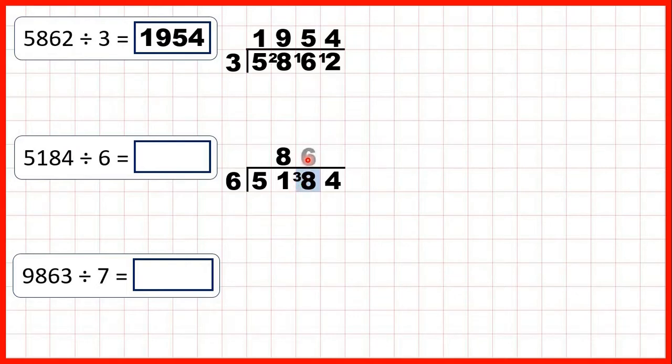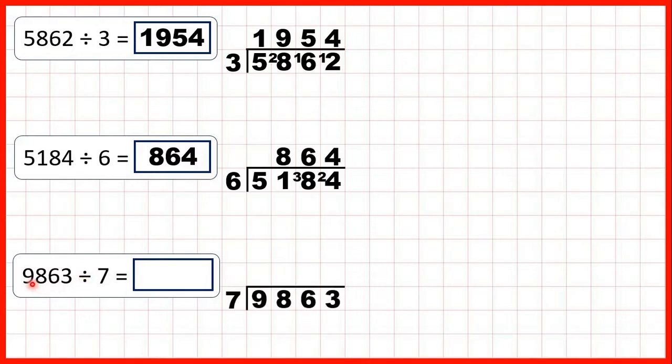And because 6 times 6 is 36, we write 6 in our answer line, but from 36, we need 2 more to get to 38, so we write our remainder 2 in front of the next digit. So now we have 24 divided by 6. That's exactly 4, so our answer is 864.